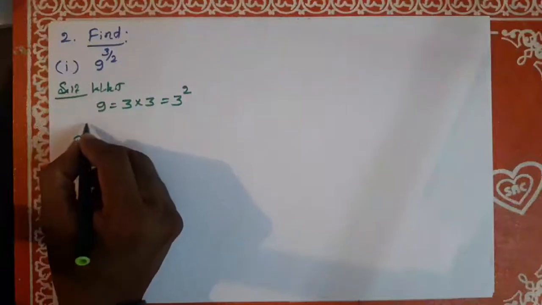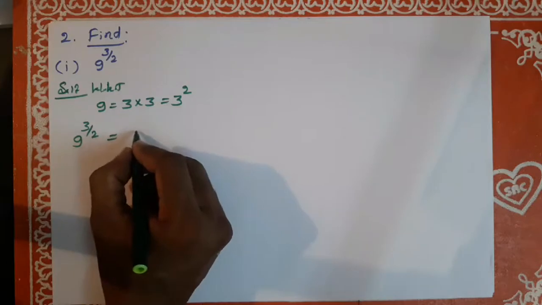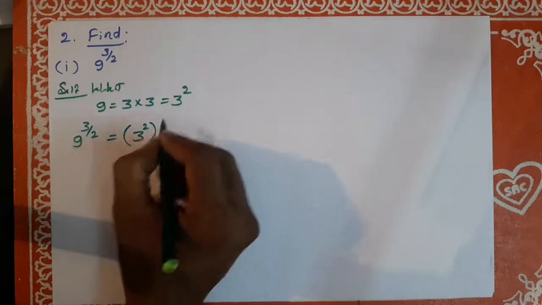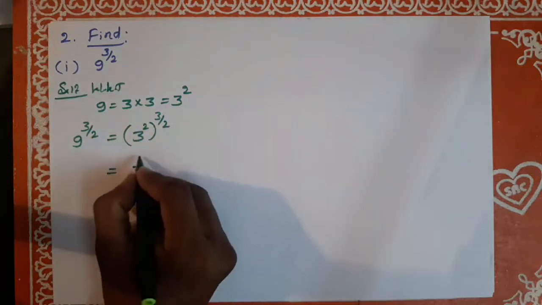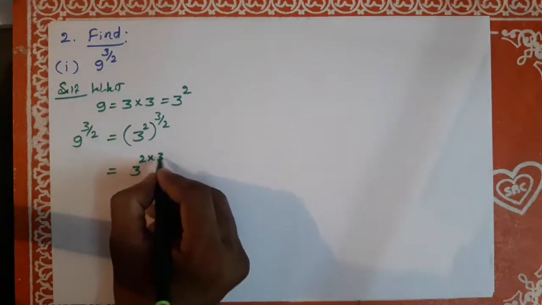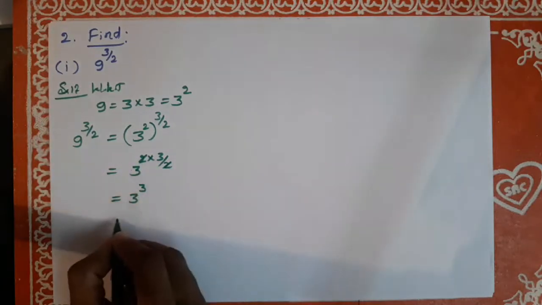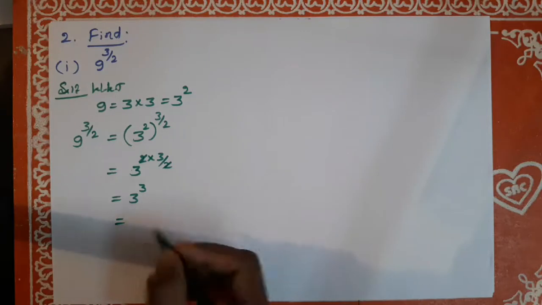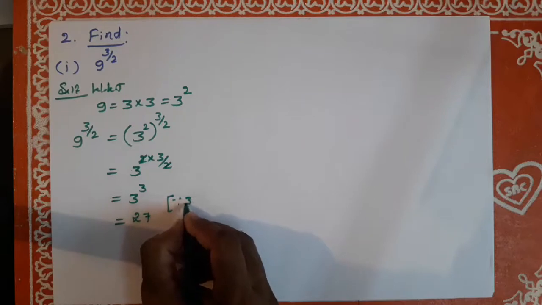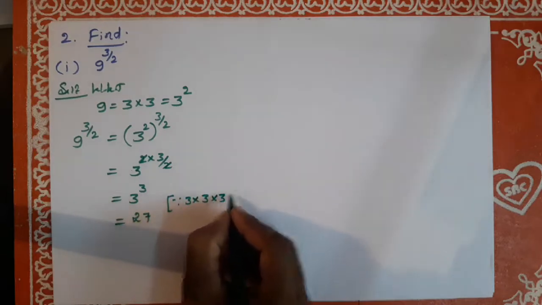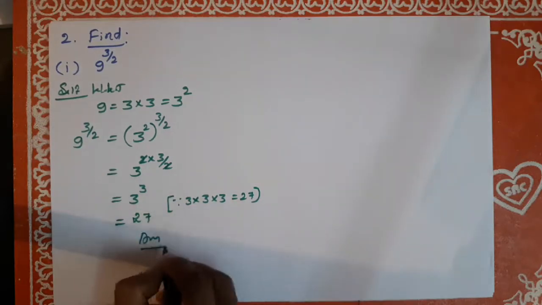So 9 whole to the power of 3 by 2 is equal to 3 square whole to the power of 3 by 2, which is equal to 3 to the power of 2 into 3 by 2. 2 will get cancelled, and it is equal to 3 cube, which is equal to 27, because 3 into 3 into 3 is equal to 27. This is the answer.